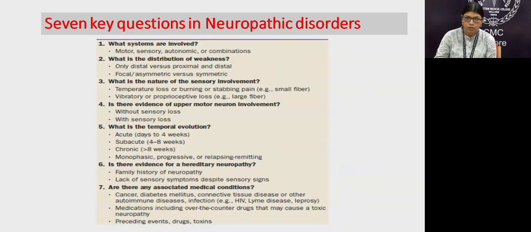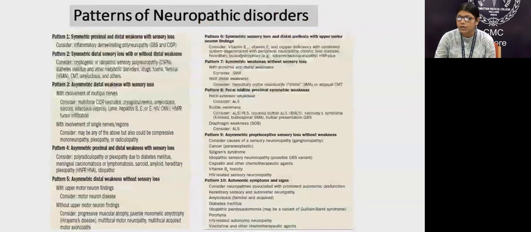So these 7 questions will help us discern the pattern of the neuropathy which we are dealing with, and help us figure out the etiology, and hence we can go in an appropriate treatment direction. So based on these questions on history and examination, there are 10 patterns of neuropathic disorders which have been described.